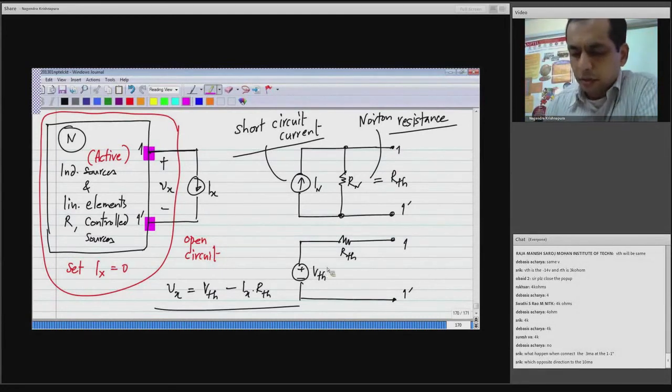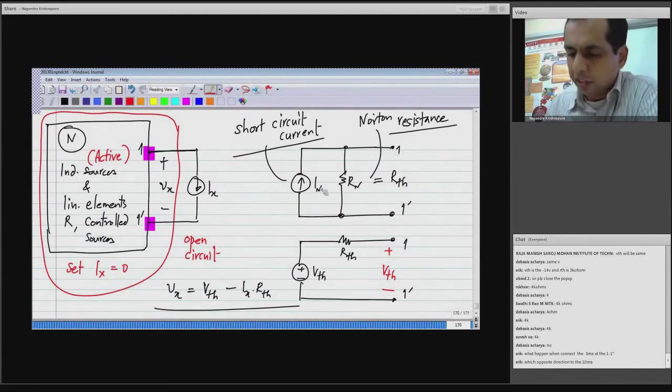Now this IN is of course related to VTH in a very simple way, and a very easy way to see that is, first of all, this is the Norton equivalent circuit of this, and this is the Thevenin equivalent circuit of the same circuit. So clearly these two also have to be equivalent to each other. If you look at the open circuit voltage between 1 prime, what we have is VTH itself, because by definition that's the open circuit voltage, and here also you see that no current flows through RTH.